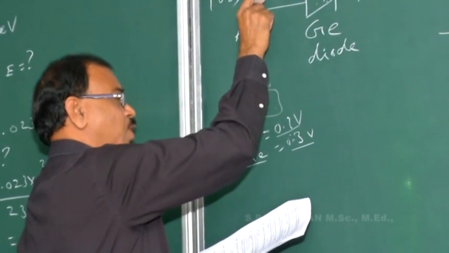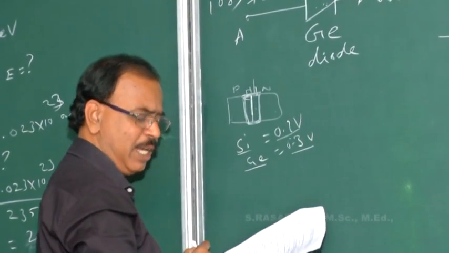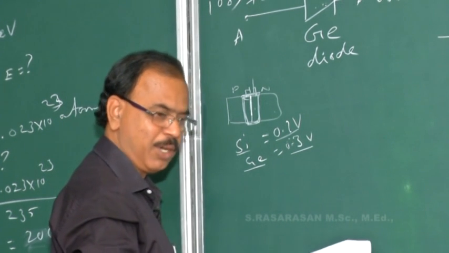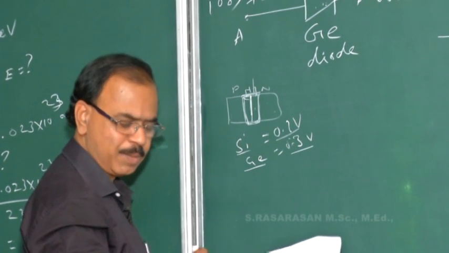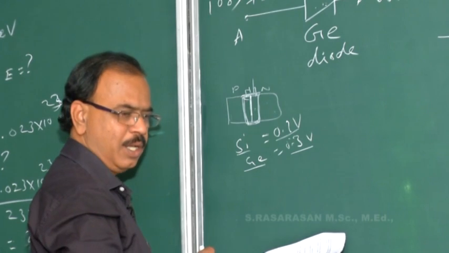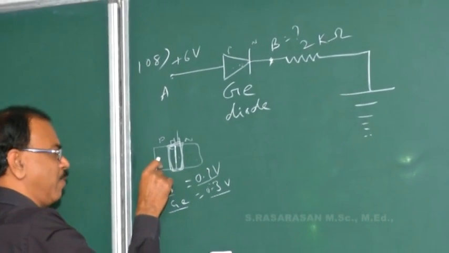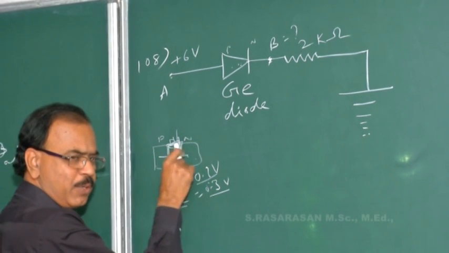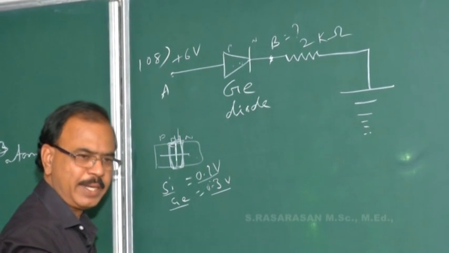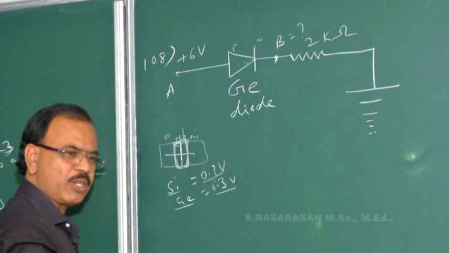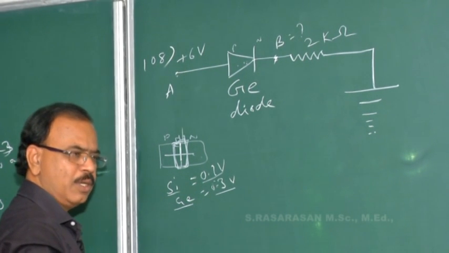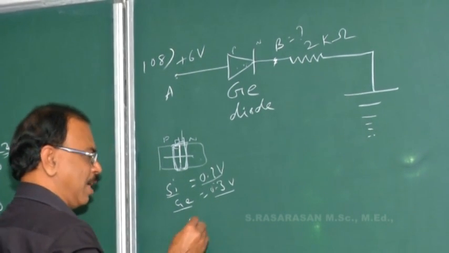If you give 6 volt to push the charges, first the barrier must be abolished or demolished. Only if this barrier is demolished is it possible for the charges to go from P type to N type, N type to P type. The current can flow in the circuit. So first the barrier must be demolished.